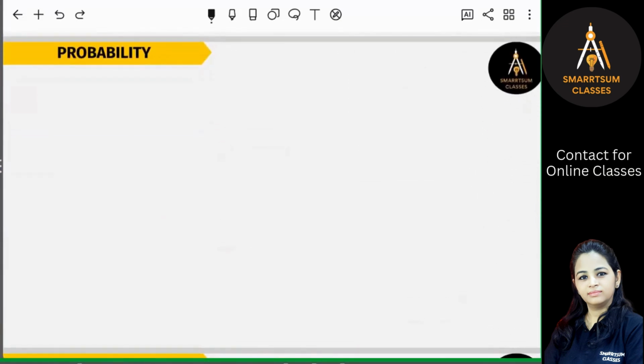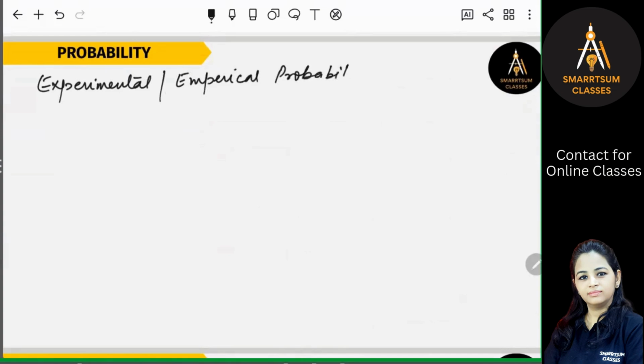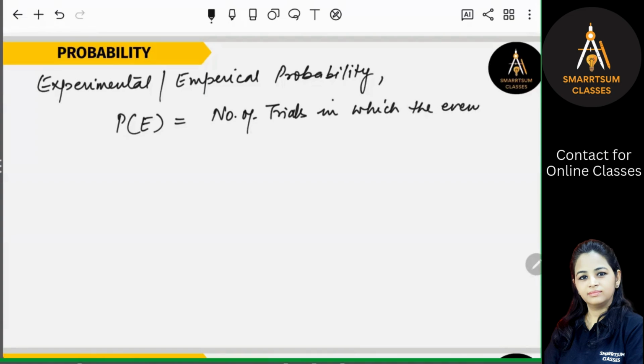Now, what is the experimental or empirical probability? You have studied this in your class 9. The empirical or experimental probability, P(E), is equal to the number of trials in which the event happened, divided by the total number of trials.